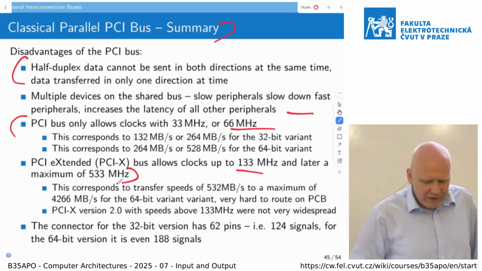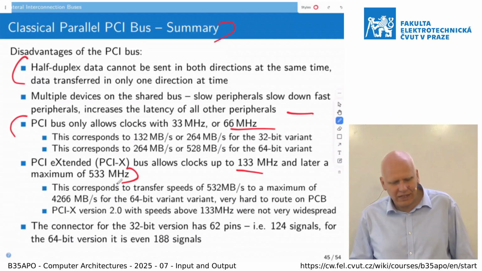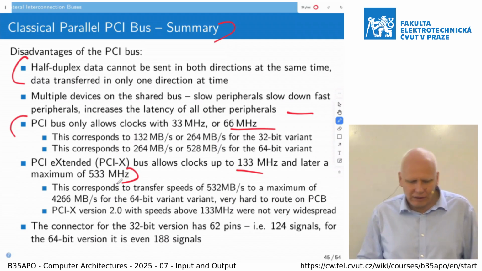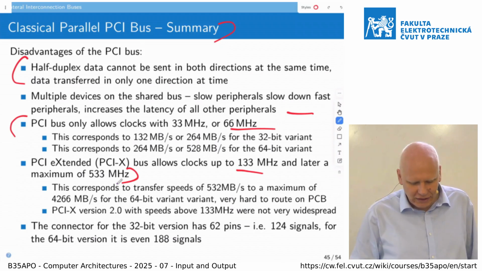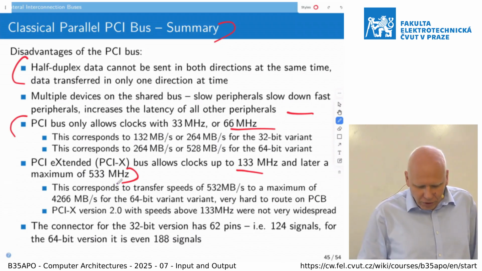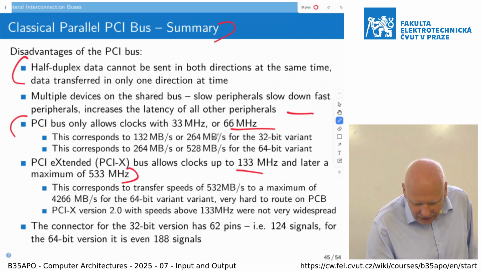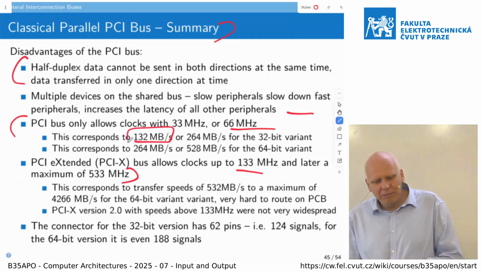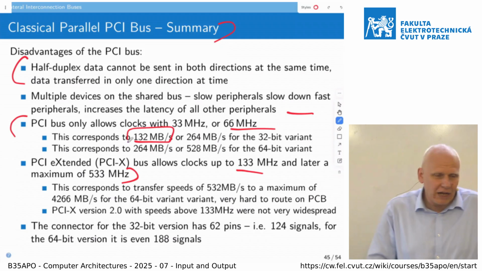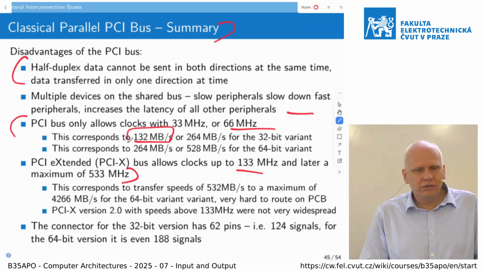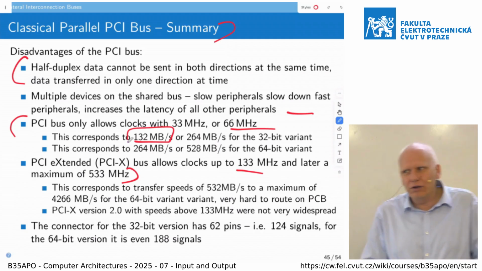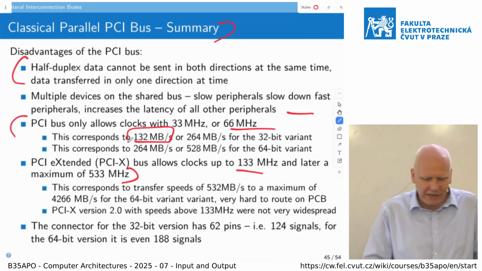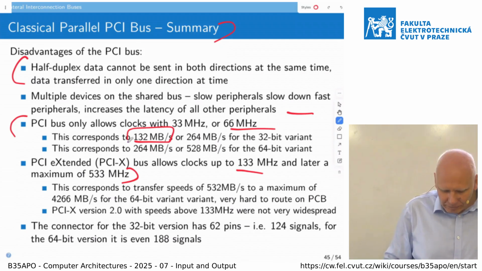There was even a variant for 533, but it is almost impossible to route this correctly on the board. So this is the limit, something like 1 gigabyte per second on the bus, which became a problem for 10 gigabit networks, fast displays or cameras.